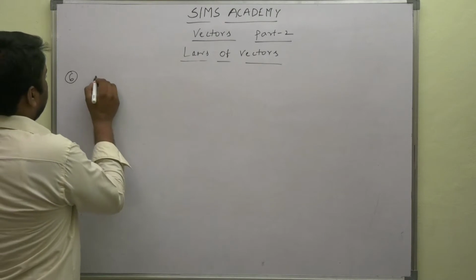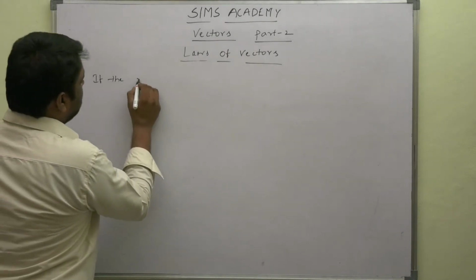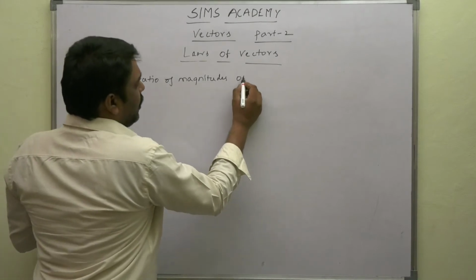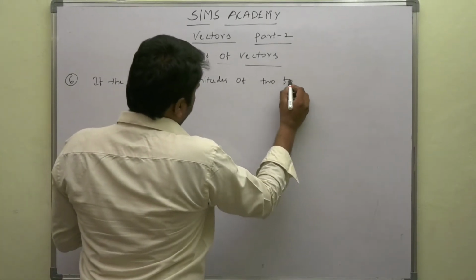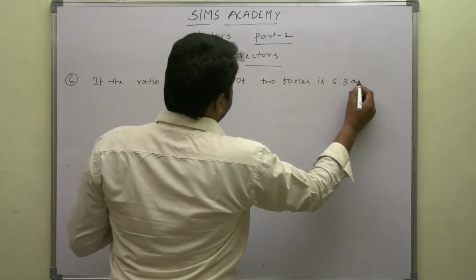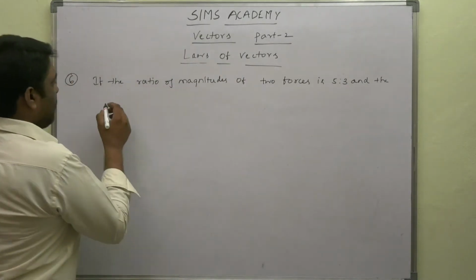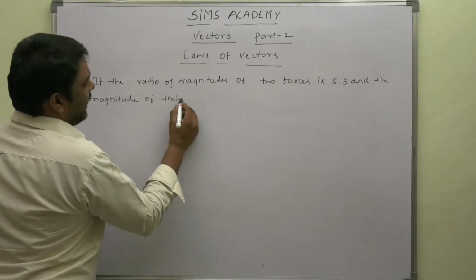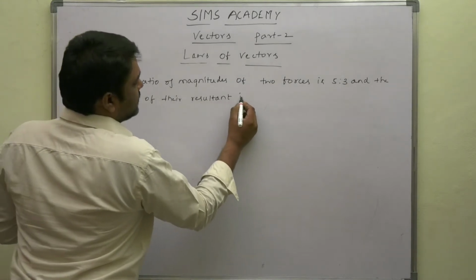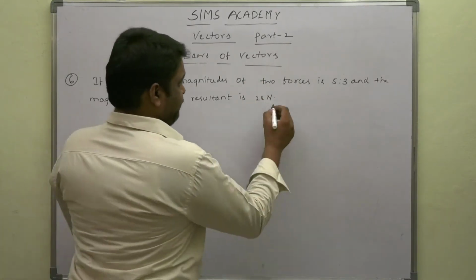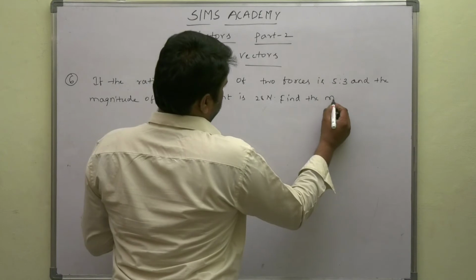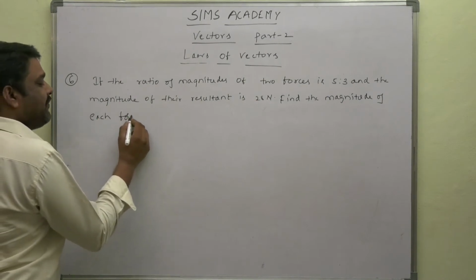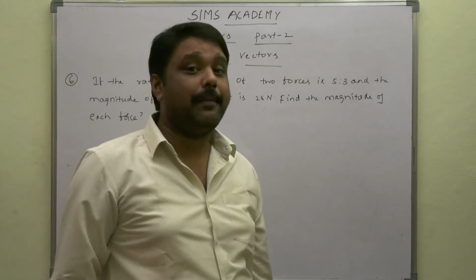The sixth one: if the ratio of magnitudes of two forces is 5:3 and the magnitude of their resultant is 28 newtons, then find the magnitude of each force. This is the question we are being asked.